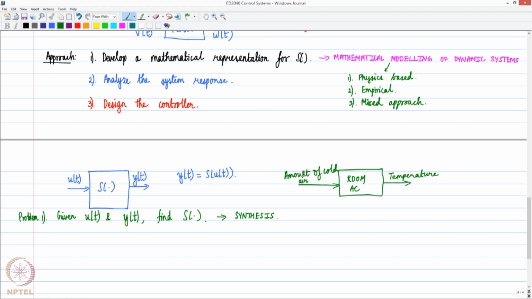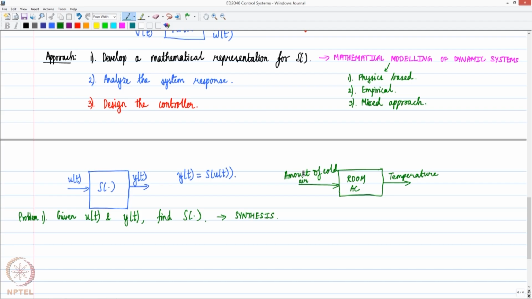So what would this synthesis problem entail? The problem of synthesis essentially means that I provide varying quantities of the input to the system, and then measure the output and try to get a mapping between the two, so that I get a mathematical model for the system.